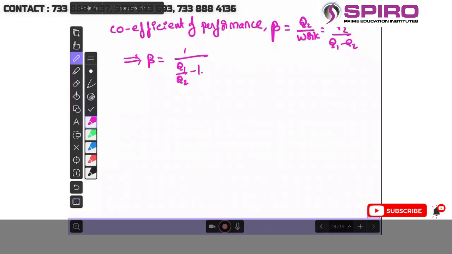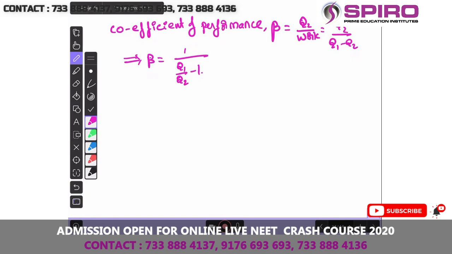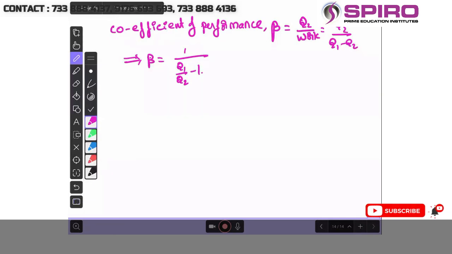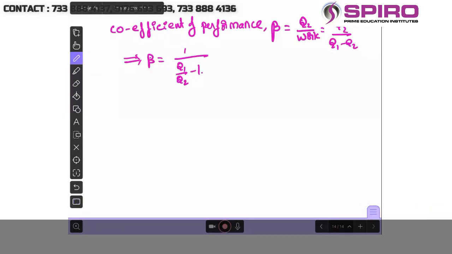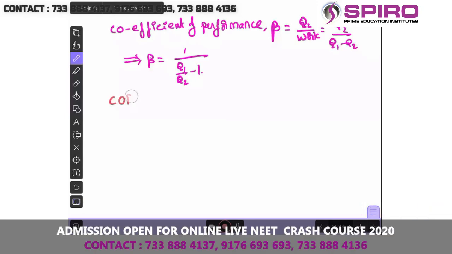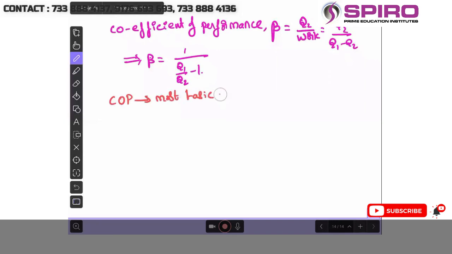Coefficient of performance, let me note down some points. Coefficient of performance is the most basic energy efficiency metric of any heat engine.